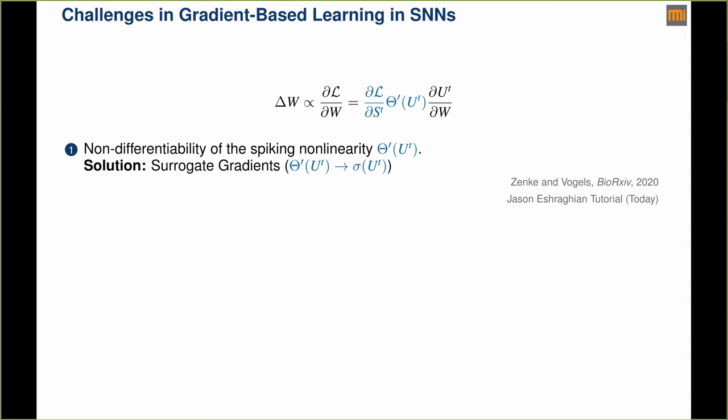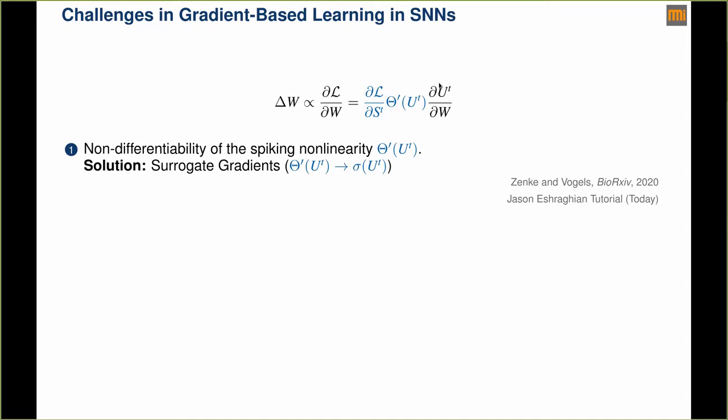The first one you may have heard about in the previous talk today. So this here is the loss function. We take the gradient with respect to W and we end up with three terms, as I mentioned earlier. One reflects how the output of the neuron changes the loss function. Another is how a change in the membrane potential is going to change the output of that neuron.